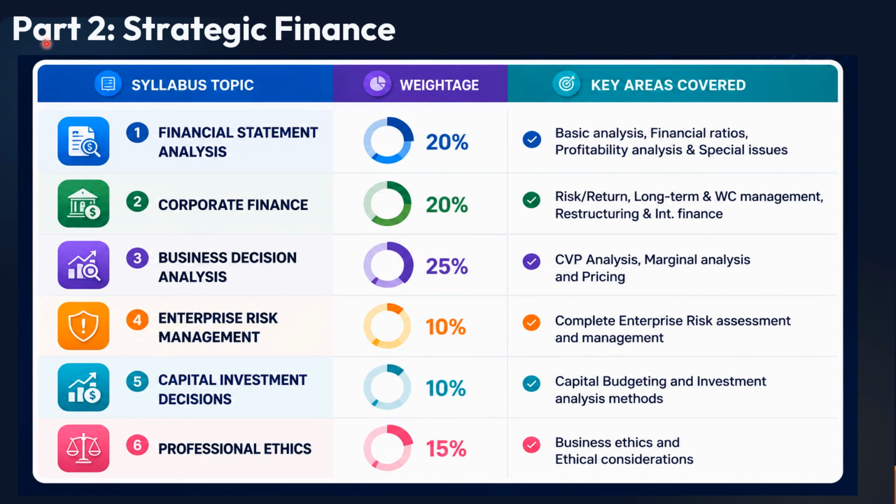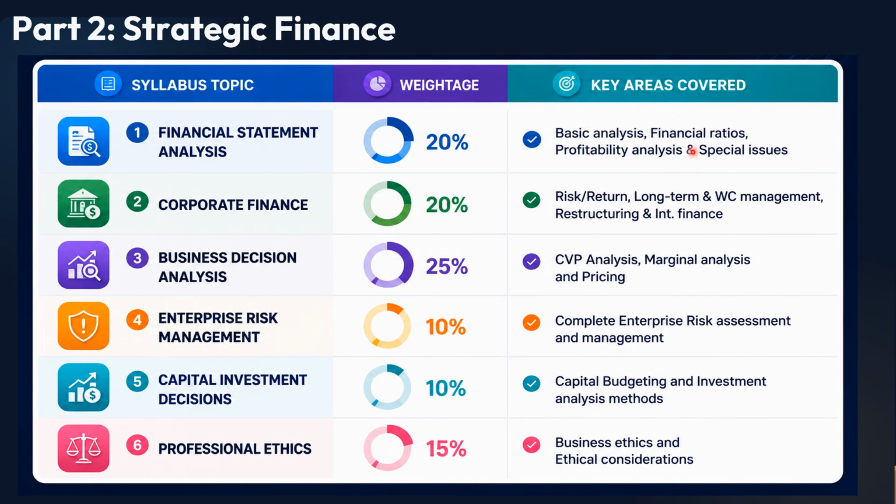Next comes part 2, which is on strategic financial management. Here again, the exam will be for 500 marks, and this weightage shows how much weightage is given to each topic. Financial statement analysis. In part 1, you learned to construct the statements. In part 2, you're learning how to read the financial statements and come to conclusions or observations.